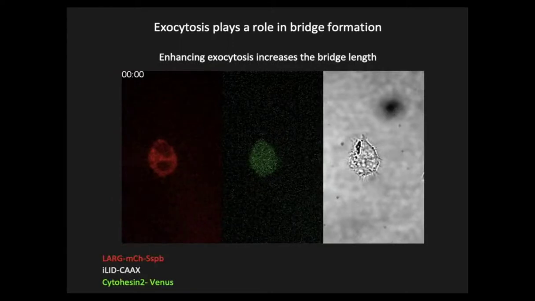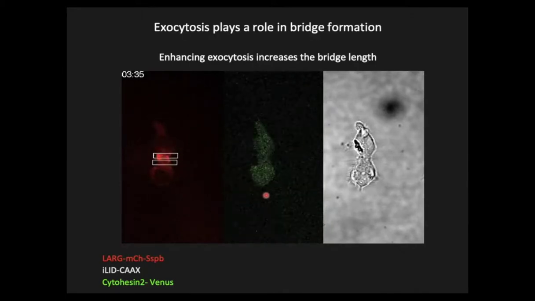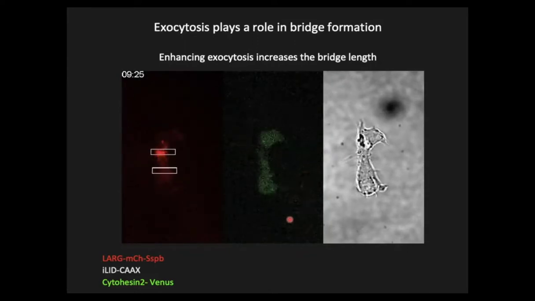Then we ask what happens if we enhance the exocytosis. To do this, we overexpress cytohesin 2, a guanine nucleotide exchange factor for ARF6. In the movie, the red channel is our optogenetic construct, the green channel is cytohesin 2, and we found that the overexpression of cytohesin 2 is enough to increase the bridge length.